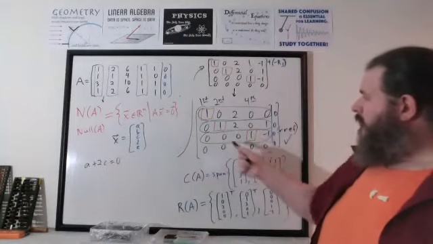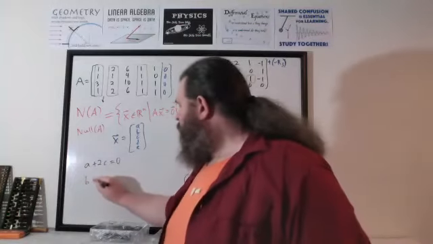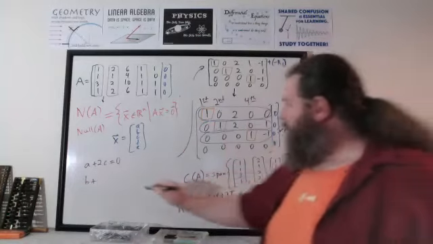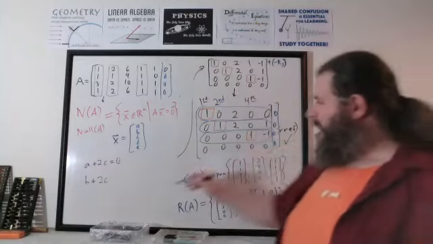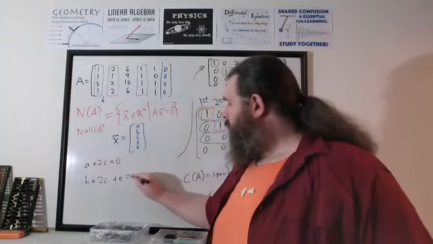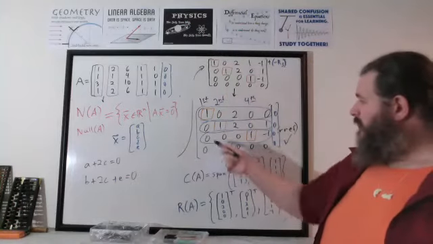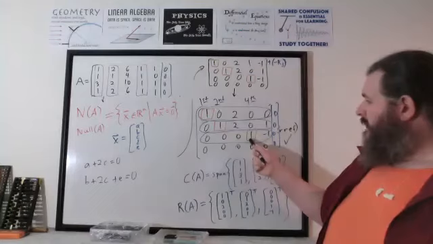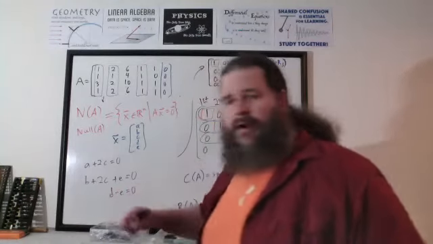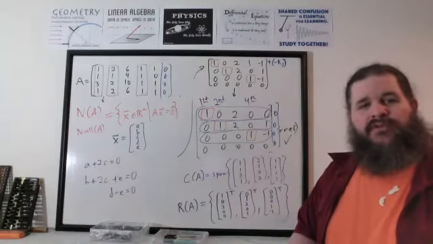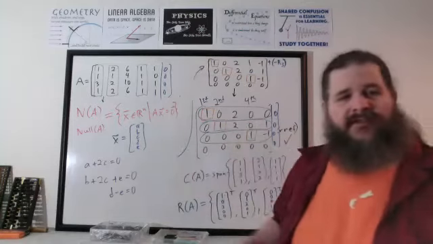Likewise, for the second row, we've got no A at all, but we've got 1B plus 2C plus 1E equals 0. And likewise, the third row becomes the equation 1D plus negative E equals 0.